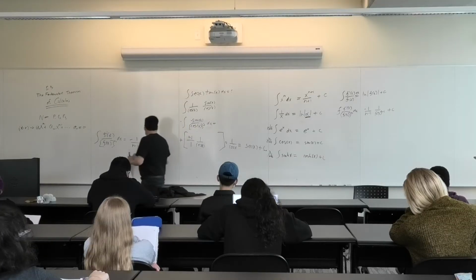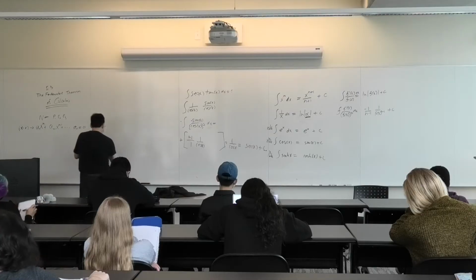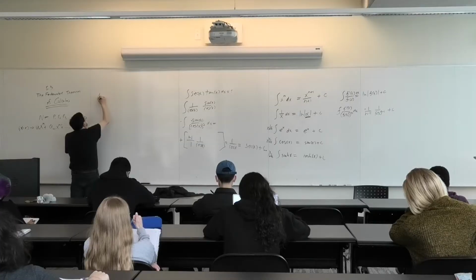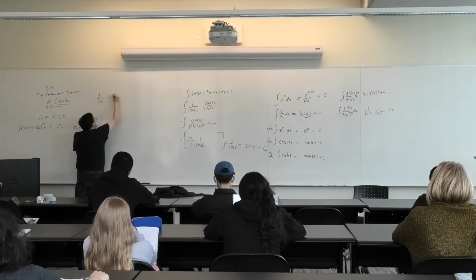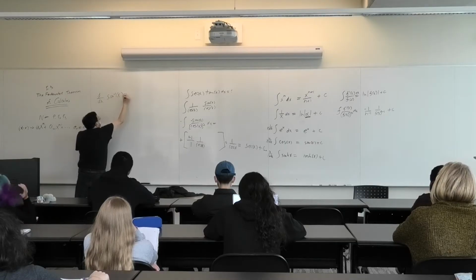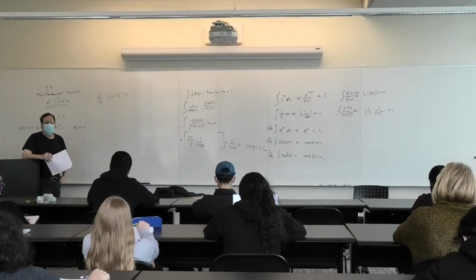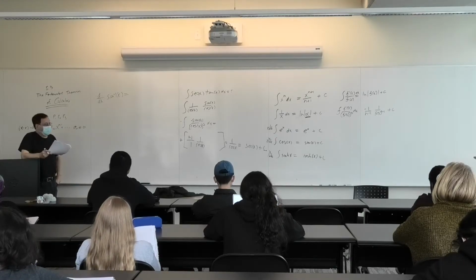We can find something else useful like this. We recall the derivative of the inverse sine of x. Yes, this is probably one of those you would put on a cheat sheet.